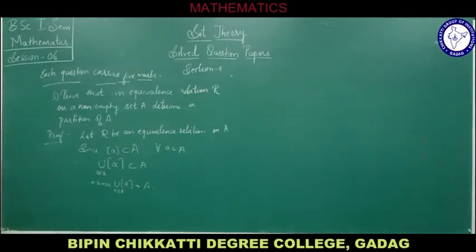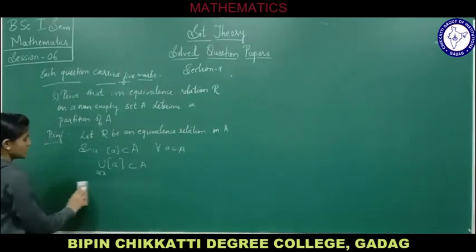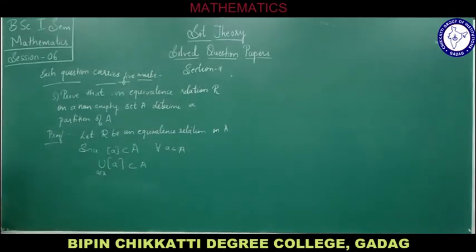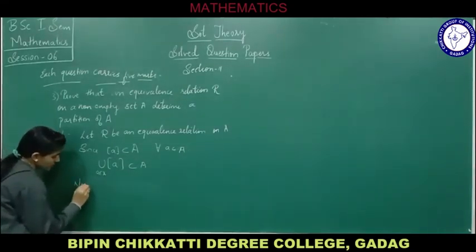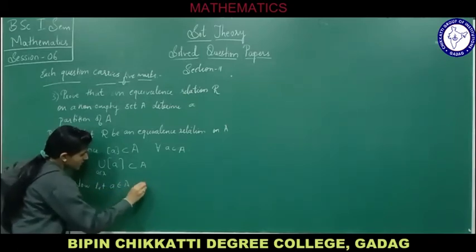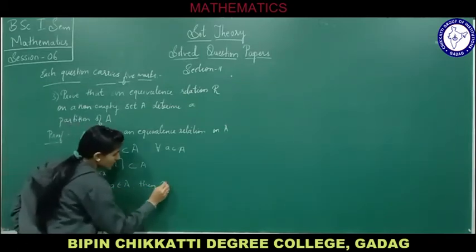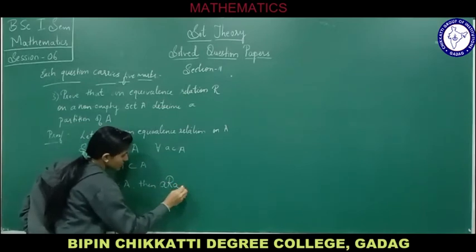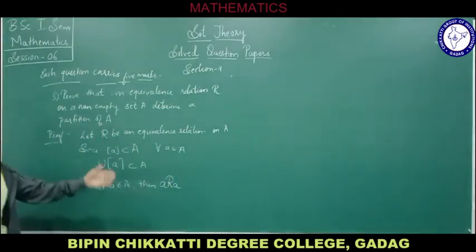Now let a belong to A. Then we say that a is equivalent to a, or a is related to a. Why are we going to say so?